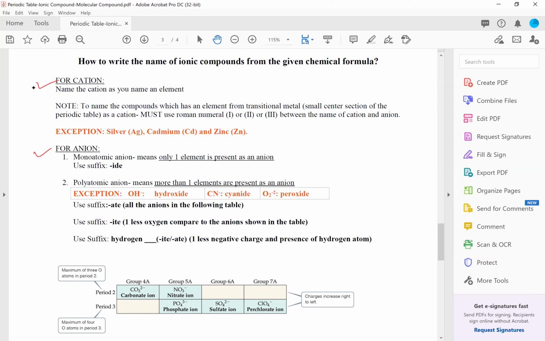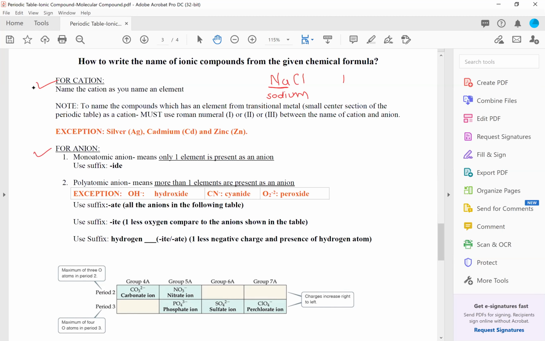For example, if I'm going to tell you this, NaCl, if I'm going to ask you to look at your periodic table and find out what is the name of a metal that has symbol Na. What is the name of it? Na means, right? As an element, we call it sodium. So when we name this, we don't do anything else. We just call them sodium.